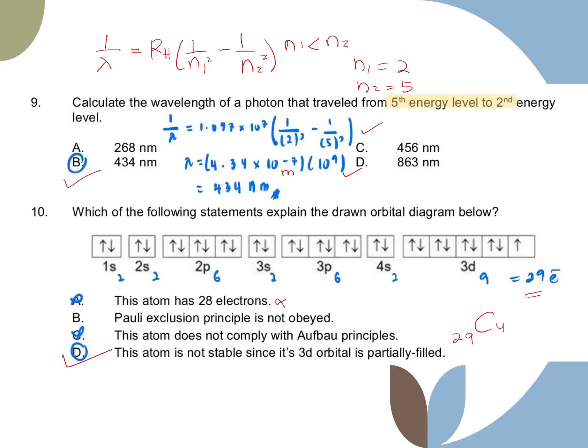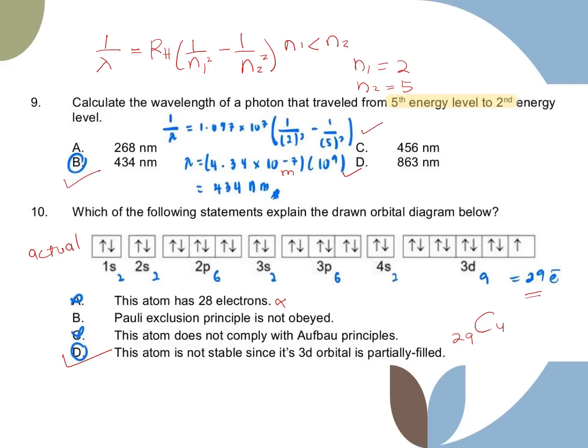According to Aufbau, the electrons must be filled in the orbitals according to the increasing energy level. So this one is the actual configuration of copper.